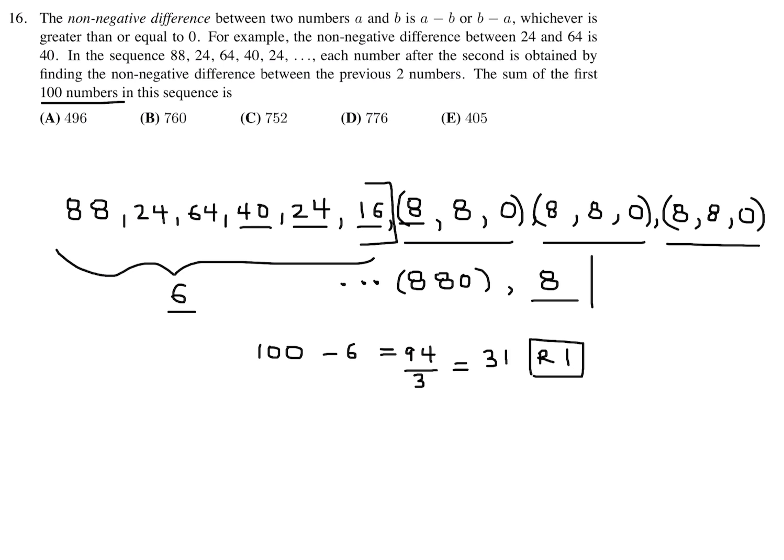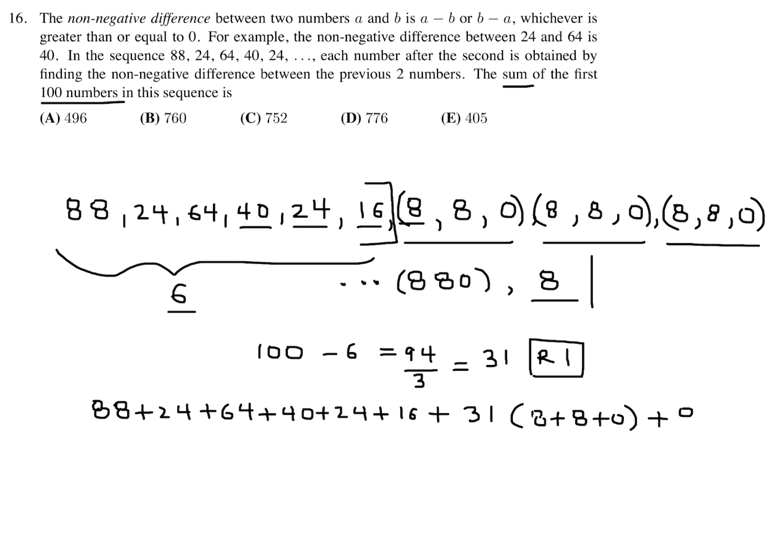Now I've got to figure out the sum. Okay, the sum looks like 88 plus 24 plus 64 plus 40 plus 24 plus 16. And then I've got 31 of these 8, 8, 0s. So 8 plus 8 plus 0. And then at the very end, I've got that final 8.